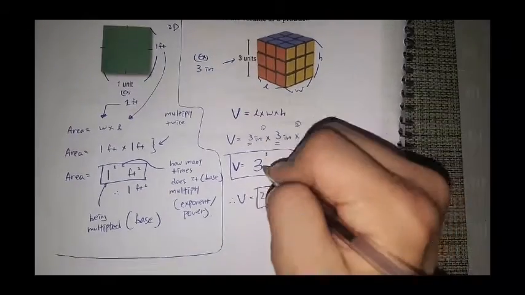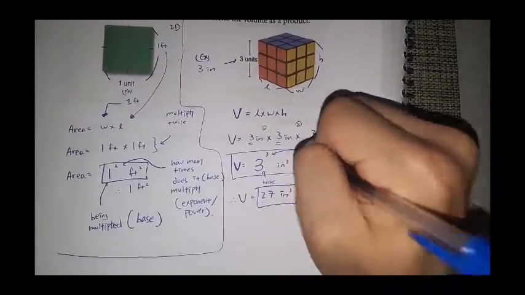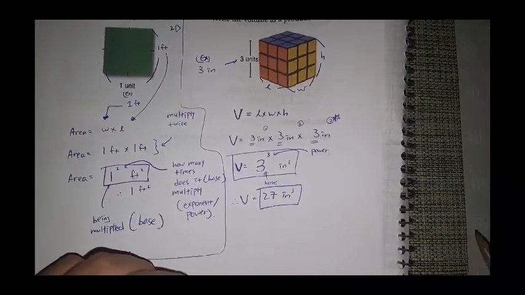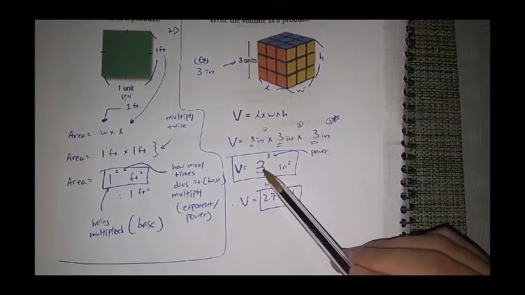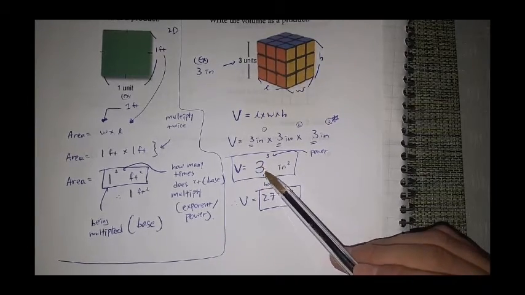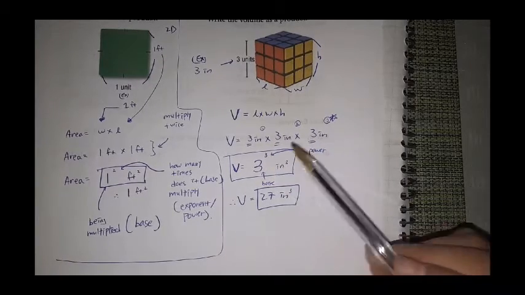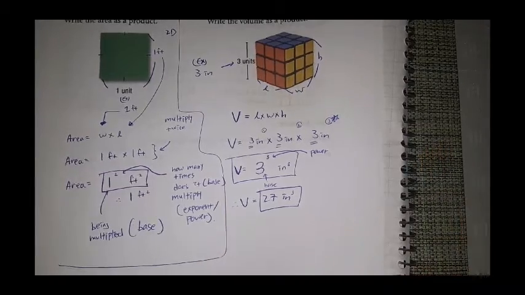And in this situation, my base is 3, and my power or exponent is also 3. This is where a tricky situation occurs, where base and exponent share the same value. But one thing that you need to understand is that base is whatever number is being multiplied, and exponent is how many times it's multiplied. So have that in your mind.